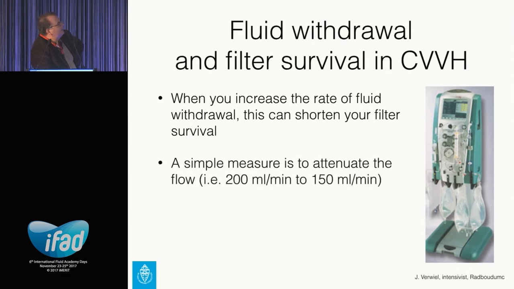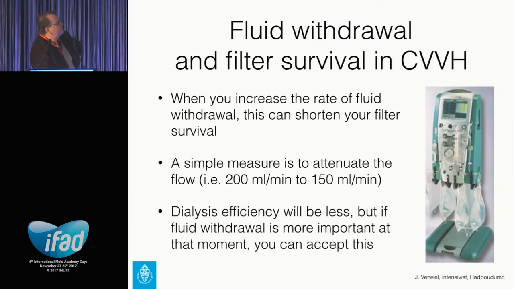So a simple measure is to attenuate the flow, for example, from 200 mils a minute to 150 mils a minute. Then, of course, the efficiency of dialysis is going down, but that's not a problem if we have the first issue, that is fluid overload. So we just do that.